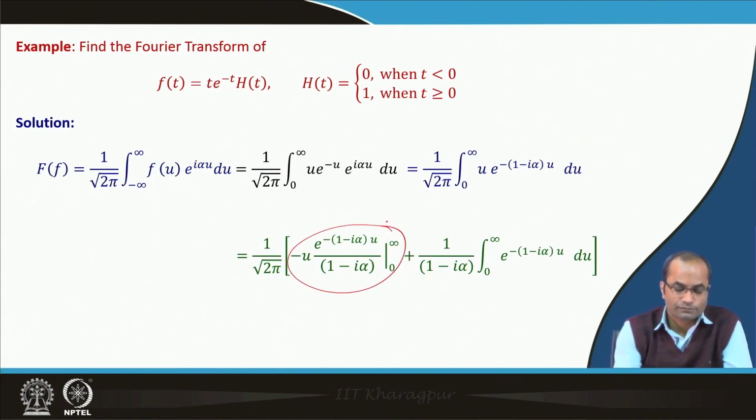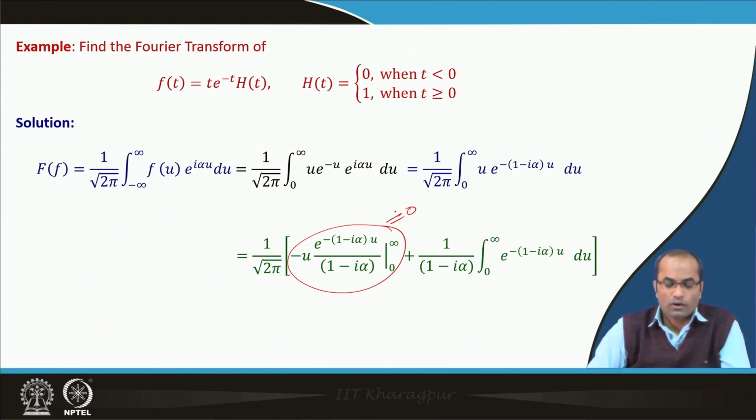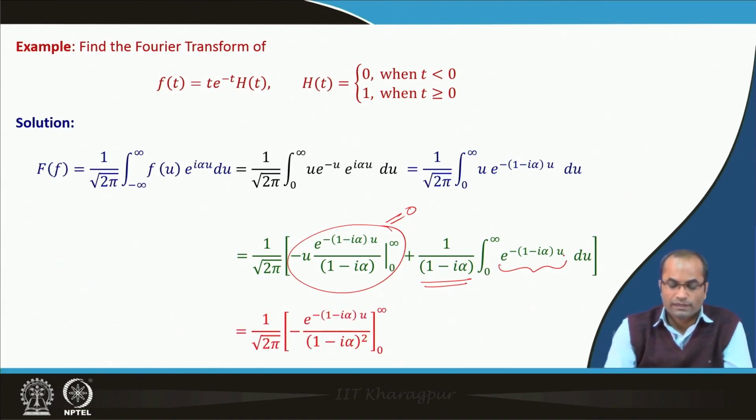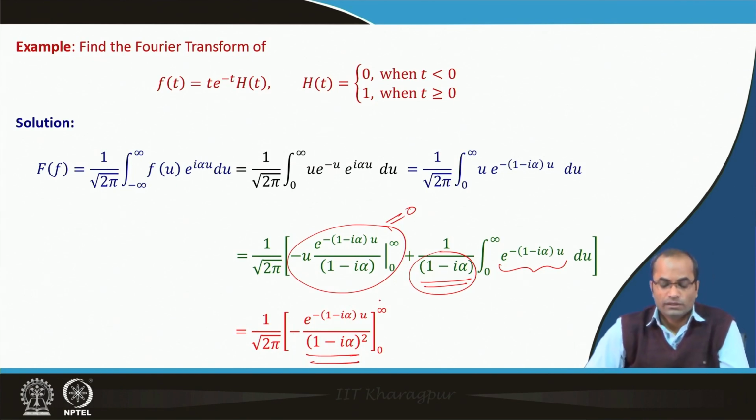So this term will no longer be there. Then we have 1 over 1 - iα, and if we integrate this, we get one more such factor, (1 - iα) squared, and e^(-(1 - iα)u) with the negative sign, from 0 to infinity.